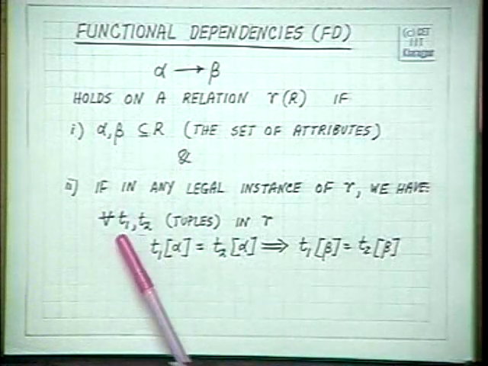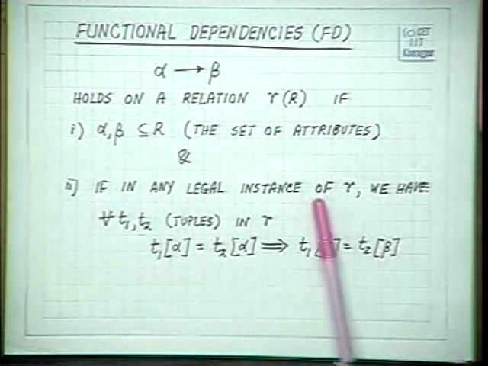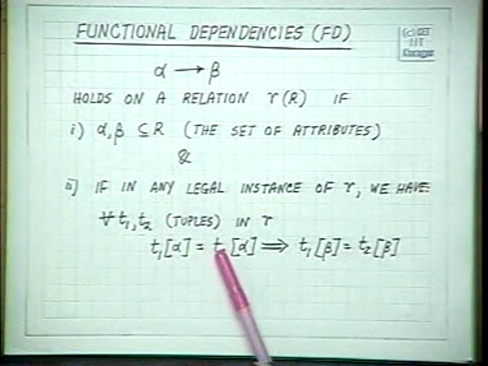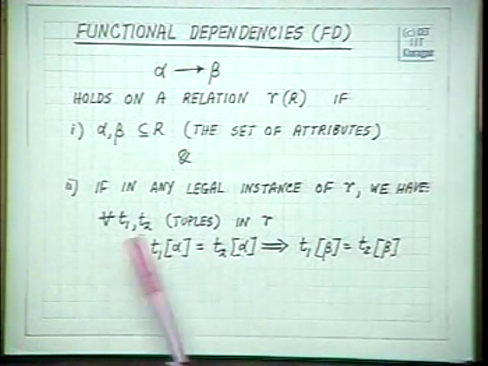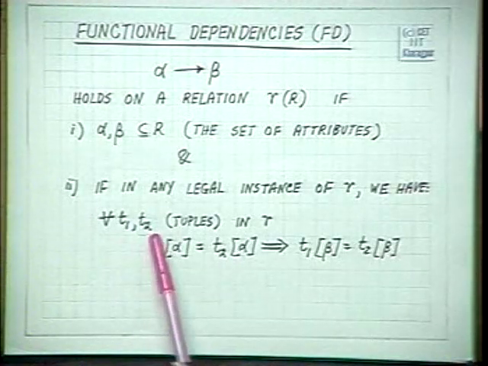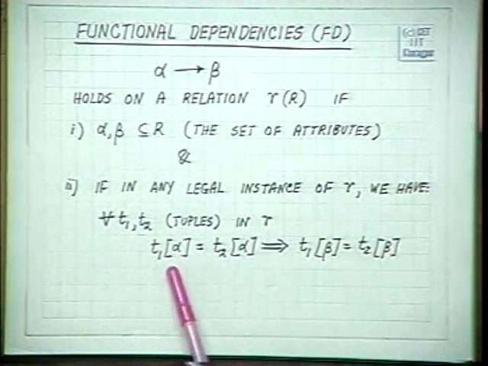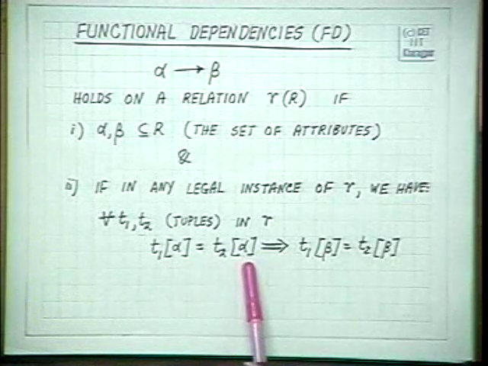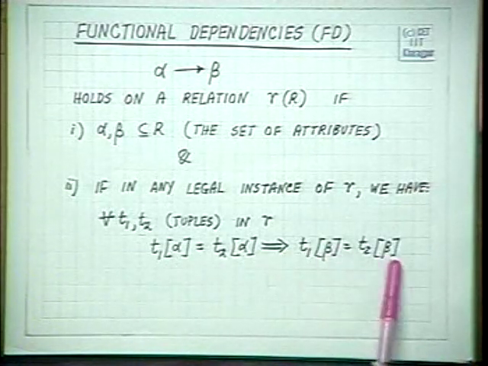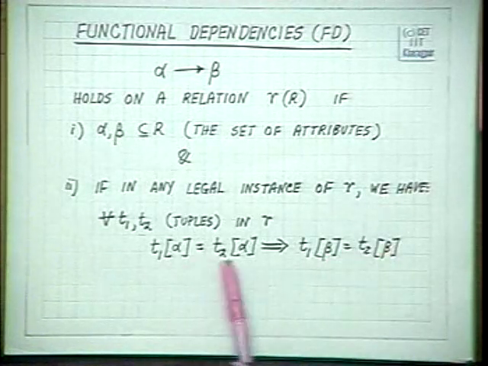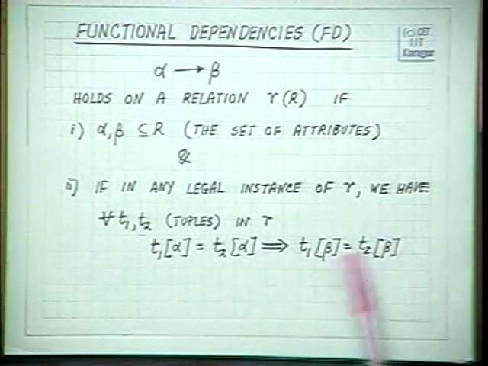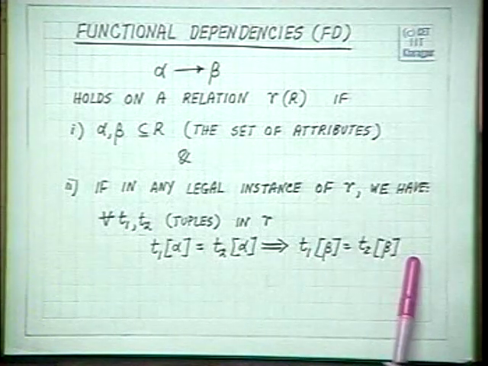What does it mean? In any legal instance of R, this must hold. Every legal instance of R must have, for all tuples T1 and T2 in R, if their alpha part is equal, their beta part must also be equal. If their alpha part is different, the implication says anything can happen here, they may be same or unequal, I do not care.